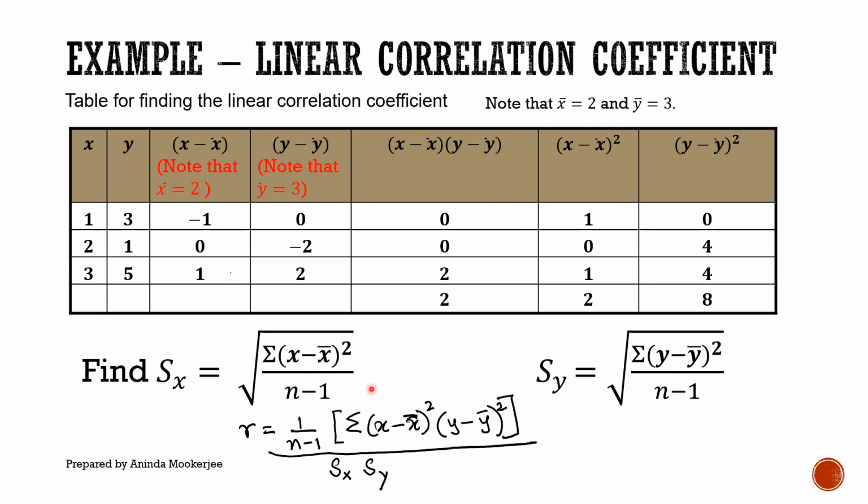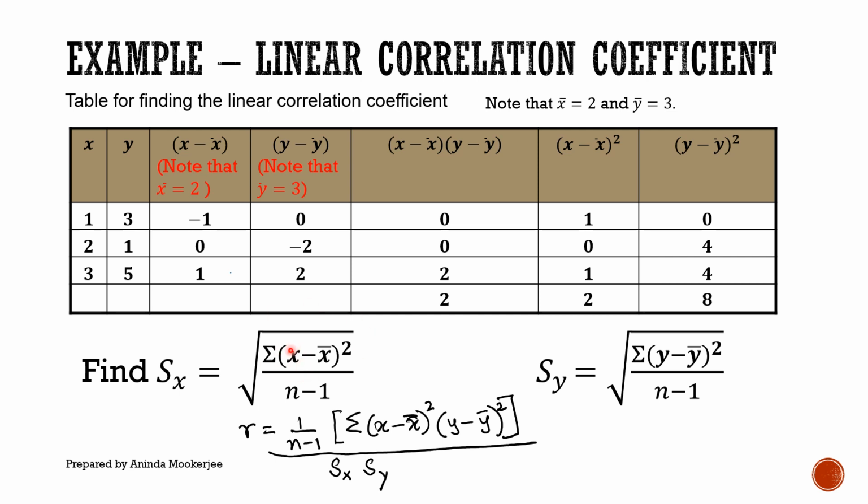So let's go about doing it. The formula for the standard deviation is given here. To find the standard deviation of x, it's the square root of sigma of x minus x bar, whole squared, divided by n minus 1. This is the defining formula for any standard deviation.